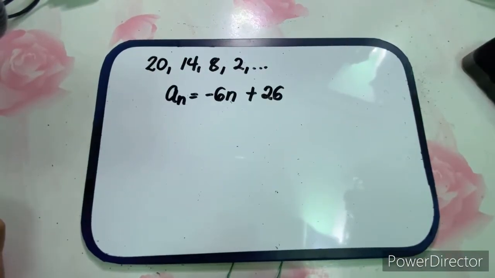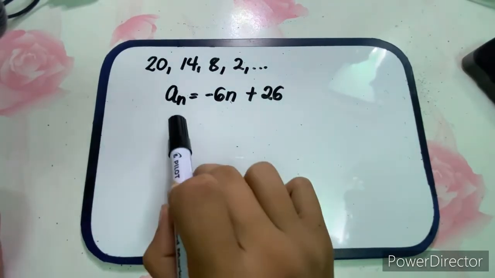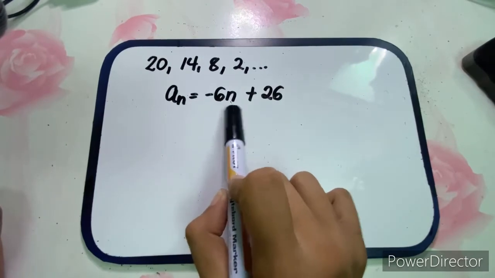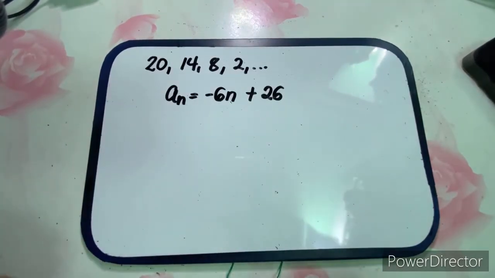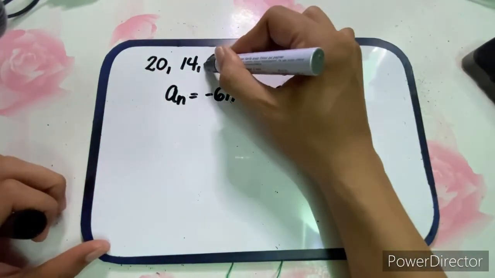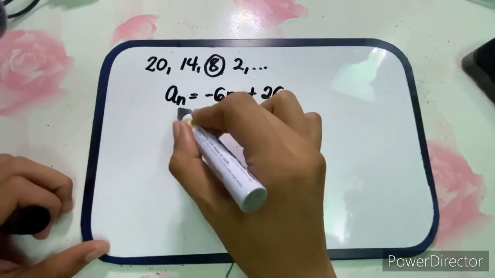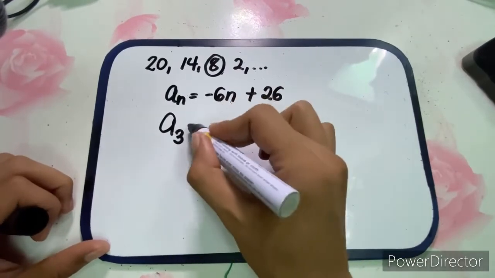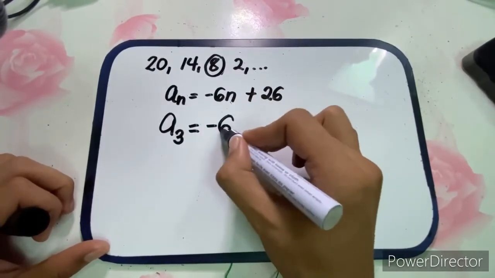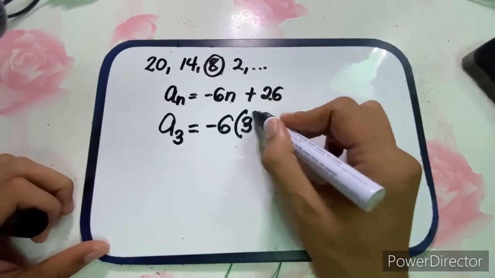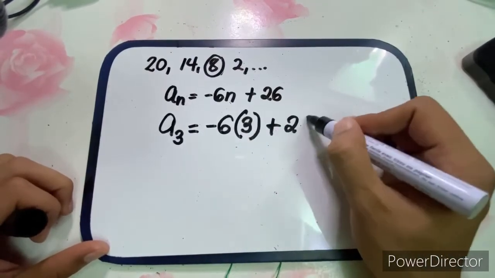Now we will check the explicit formula, okay? Again, the formula is a sub n is equal to negative 6n plus 26. For example, we need to get the third term. Here, the third term is 8. So your n is 3. So a sub 3 is equal to negative 6 times 3 plus 26.